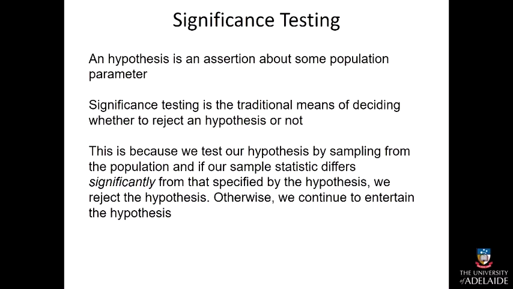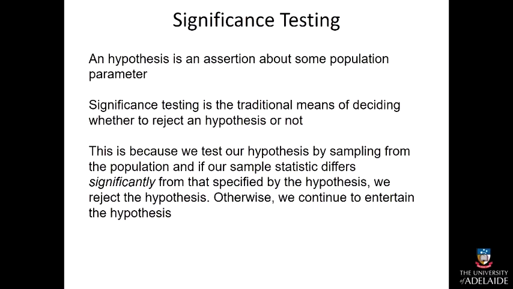And to decide whether our assertion about that population parameter is true or not, traditionally we use significance testing as a means to decide whether to reject that hypothesis or not.